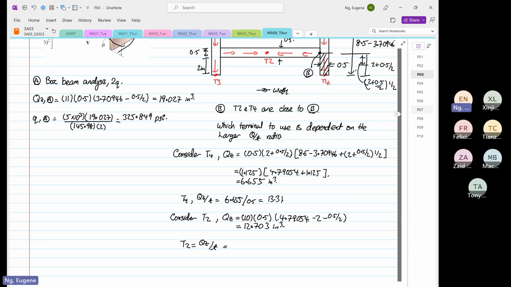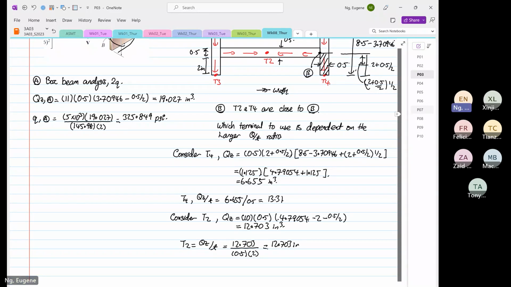So 12.703, then you divide by the thickness. Is the thickness 10? No, 0.5. And then you divide by 2. So 12.703 divided by 0.5 divided by 2 is equal to 12.703.